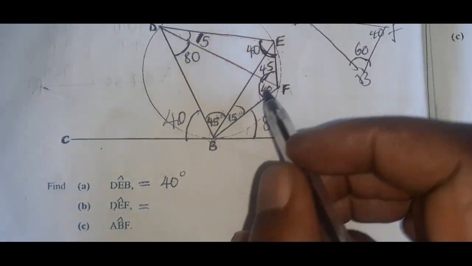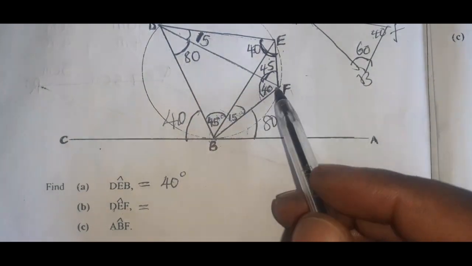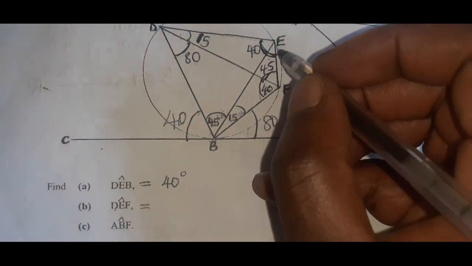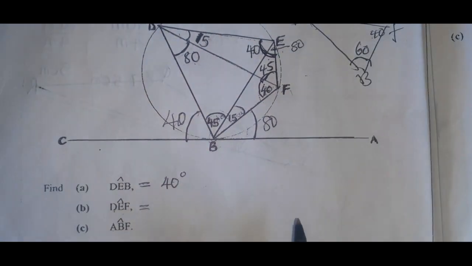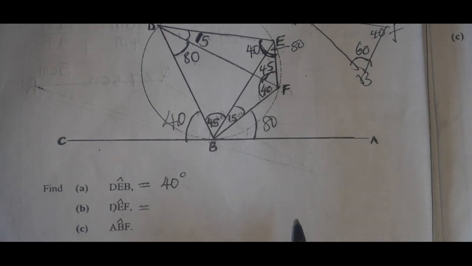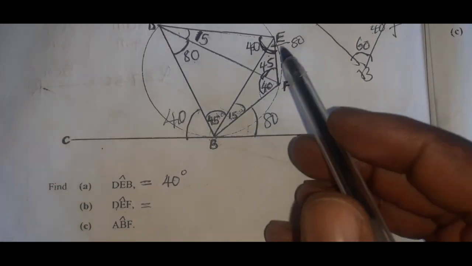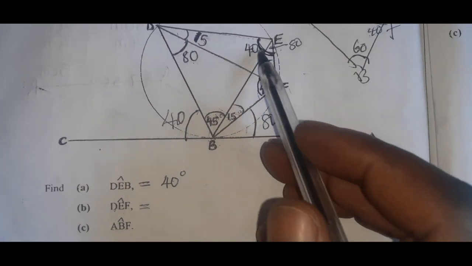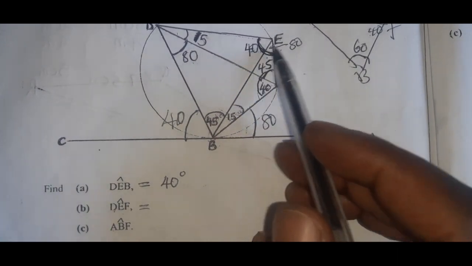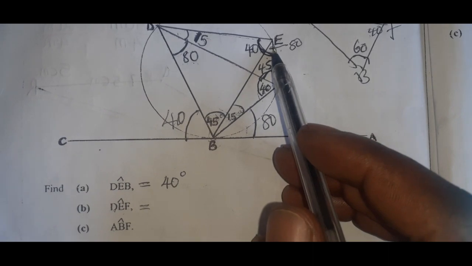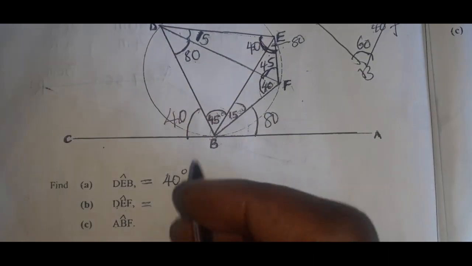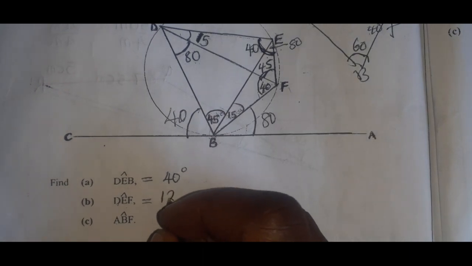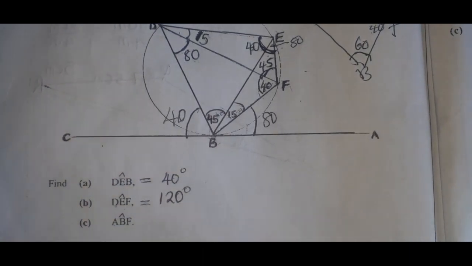Take note, if this angle here is 80, then even this other angle here is also 80. Take note of that. So this whole angle here is this plus this one. What do we get? 120. So DEF is 120 degrees.